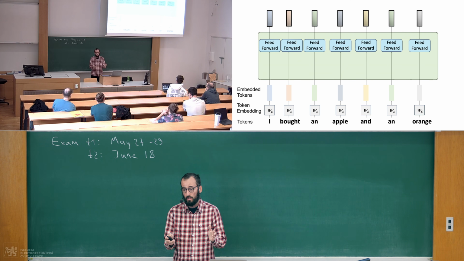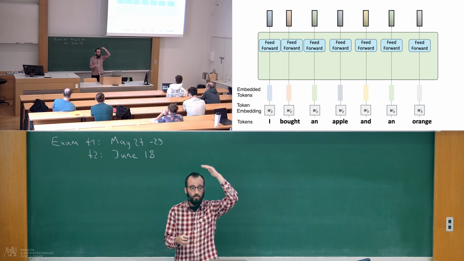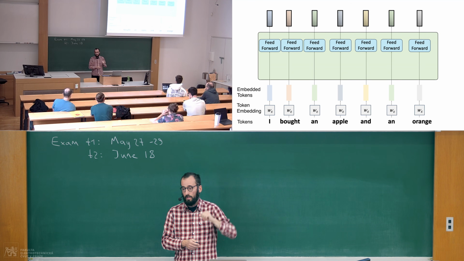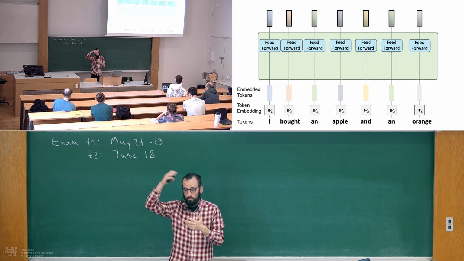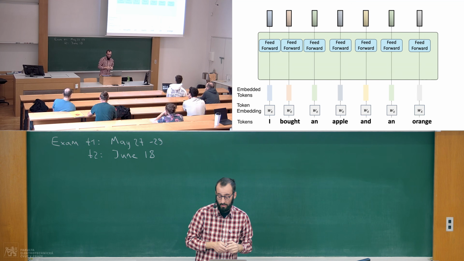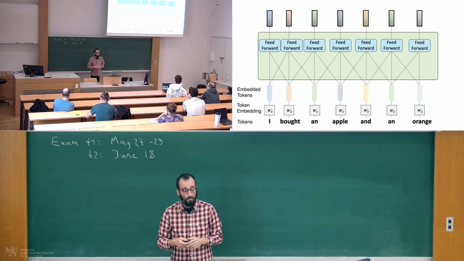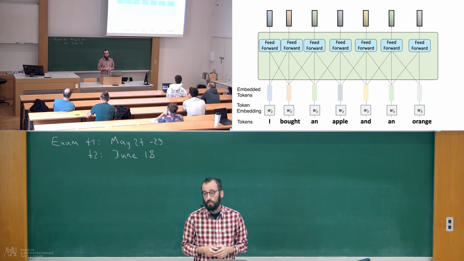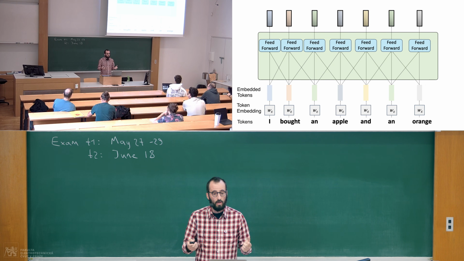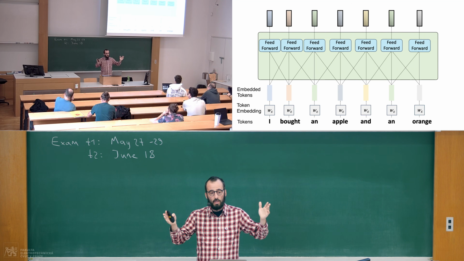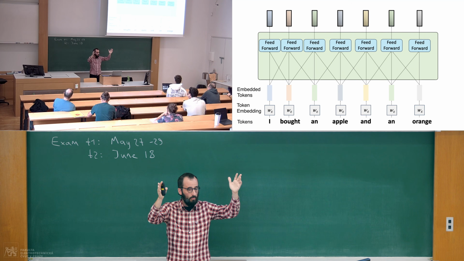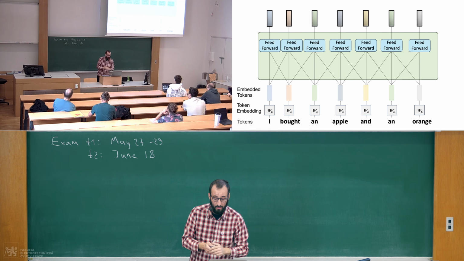But this doesn't capture any context. You might end up with higher level semantics because you keep processing the tokens, but it doesn't capture any context. You could capture local context by including extra links from the nearby tokens. It means simply you concatenate the tokens and then you feed them to an MLP. So this indeed captures some context.